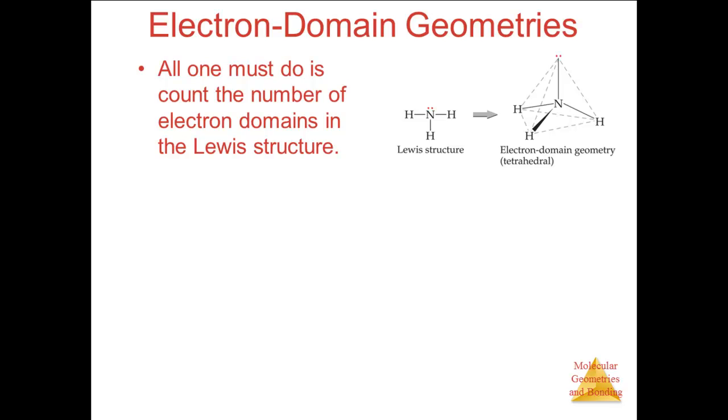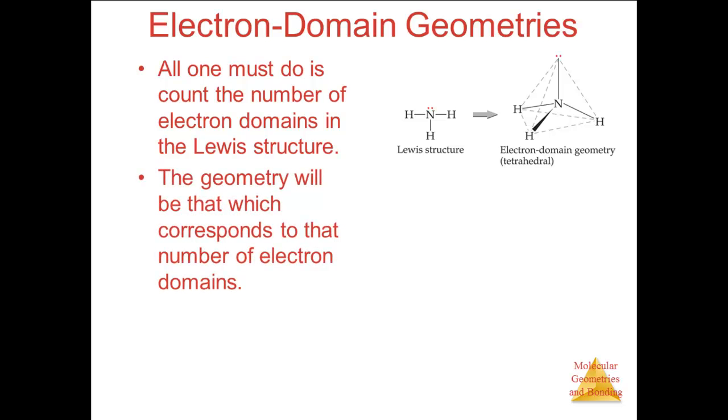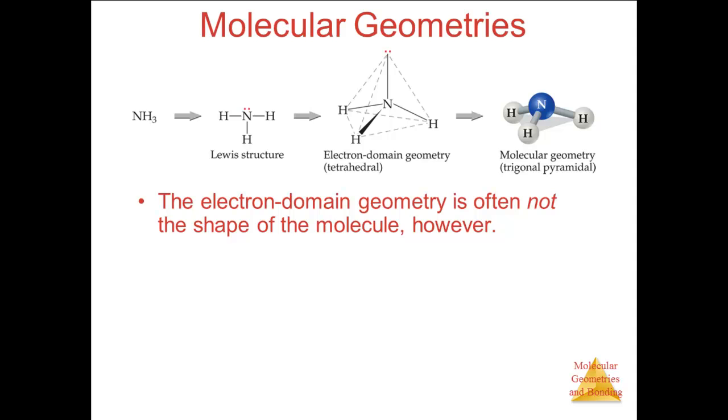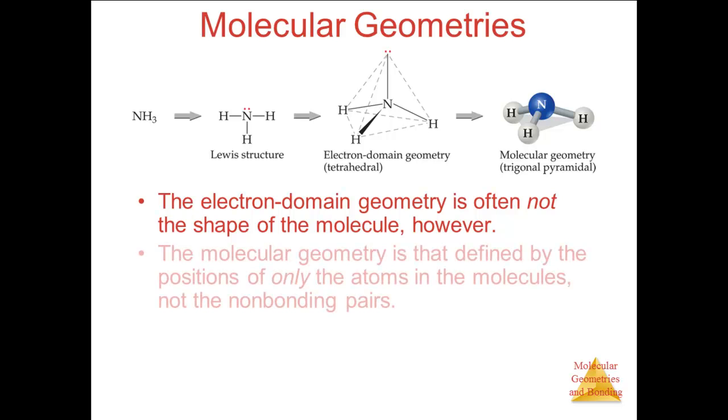In order to determine the electron domain geometry, simply count the number of domains, bonds and unshared pairs. The domain geometry is the geometry for that number of domains. Molecular geometry is a bit more complicated than just finding the electron domain geometry, however, because the shape of the molecule is determined by the positions of the atoms only, and the unshared or non-bonding pairs of electrons are ignored.